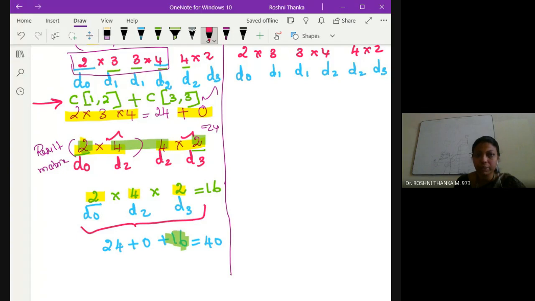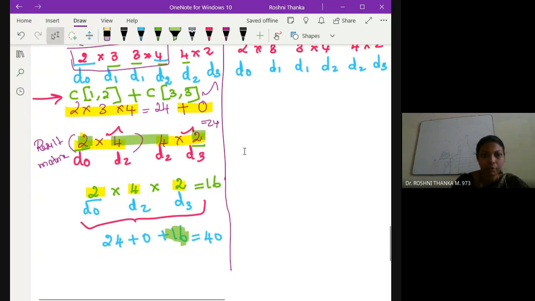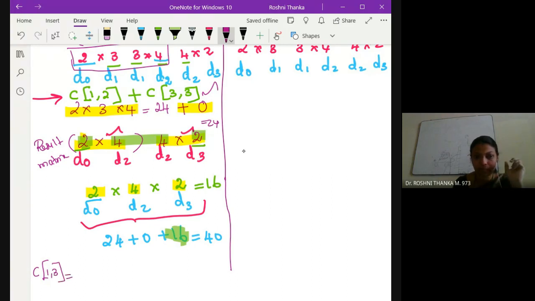Now we are going to write it as an equation. How do we multiply these 3 matrices? It is very easy. I can write it as the cost of multiplying the matrices 1 to 3.